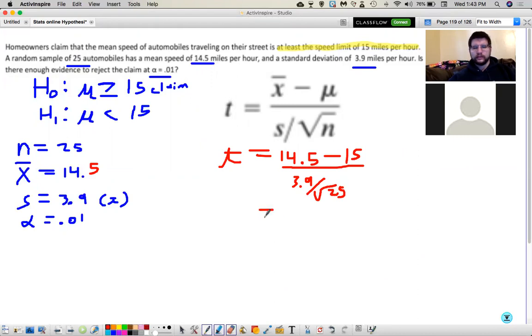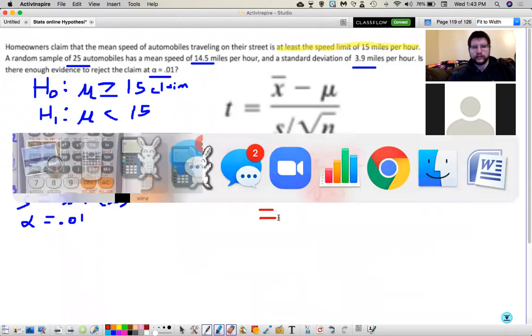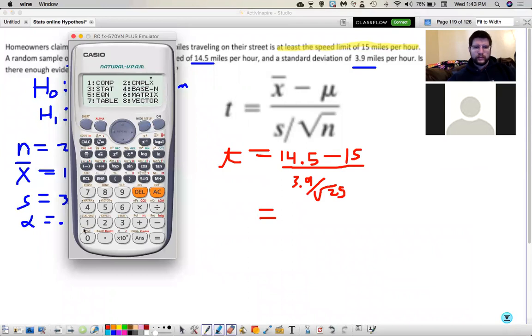Figure out what that is using the nice little Casio here. Go to mode 1. Fraction bar 14.5 minus 15 over 3.9 over square root of 25. And that gives me a negative 0.641.